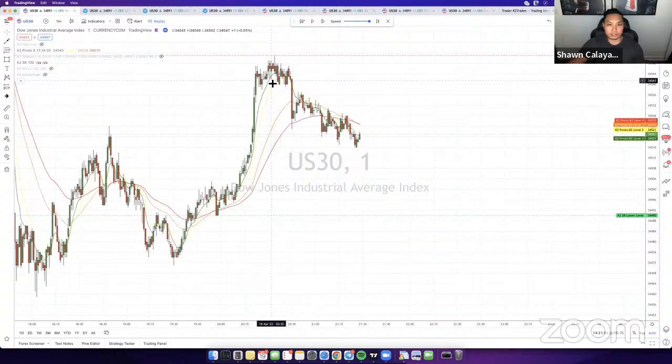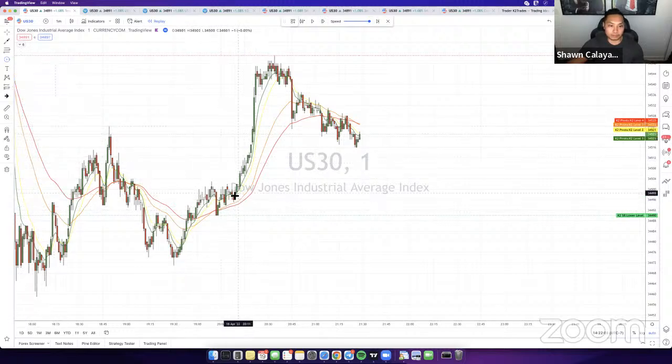There are pivots around this area, but it doesn't line up with support and resistance. The resistance is up here and the support is down here. Even though price is pivoting around these areas, these are not support and resistance. These are completely different. This is pivots right here because price bounces around and pivots off it, while the support is actually down here and the resistance is up here.